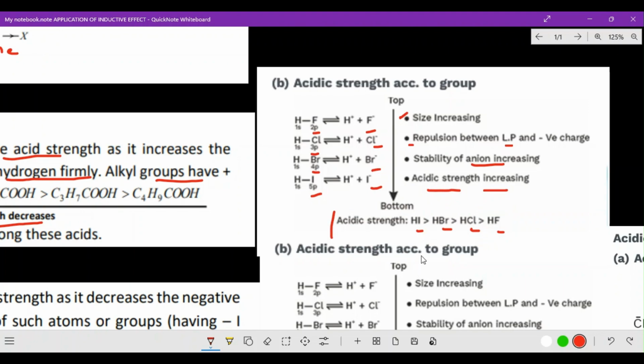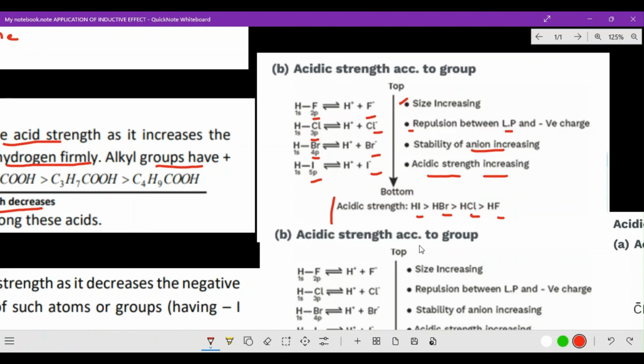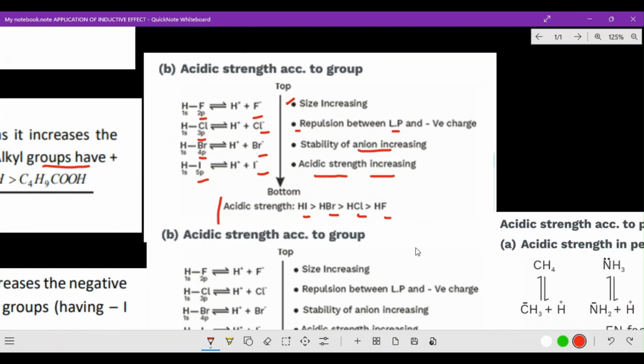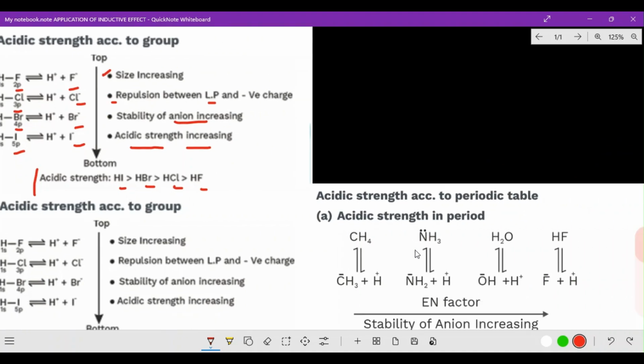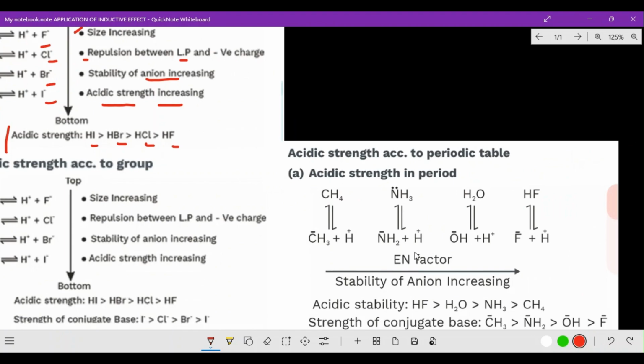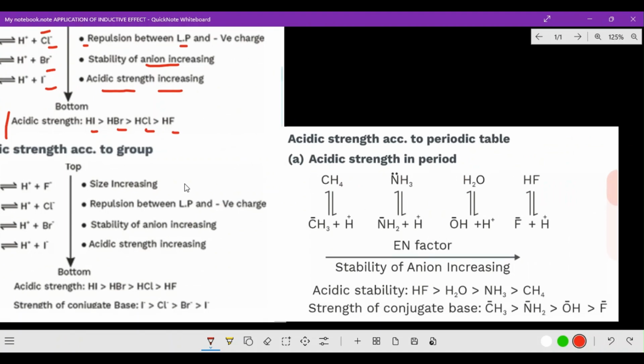Right. Now, you have checked the group, and next let us check periods. Periods in the sense, the same point I just mentioned here. In the periodic table, in the period, we have carbon, nitrogen, oxygen and fluorine, from left to right.